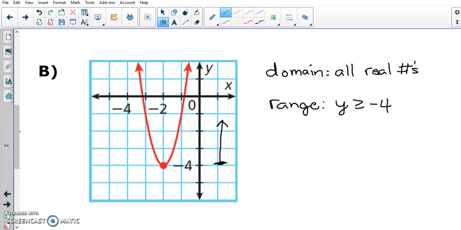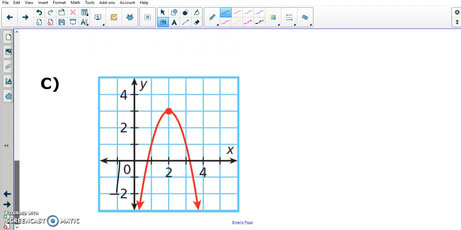All right, take a look at that third one. Write down what you think the domain and range is. I'll pause here for a second. Actually, I'll just write out the word domain and range. Okay, domain.